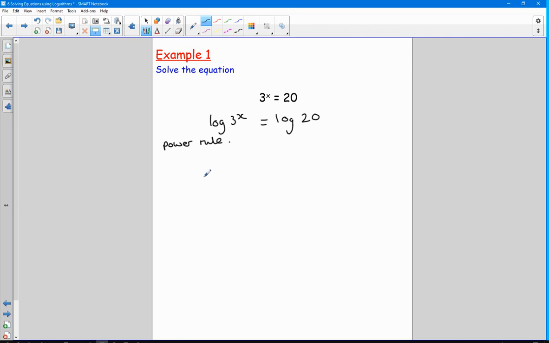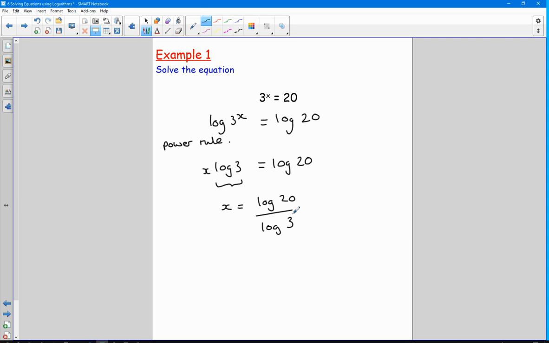to rewrite this as x log 3 equals log of 20, and then we're going to divide both sides by log of 3 because this is just a number. So x equals log 20 divided by log 3, which we can now do on our calculator.